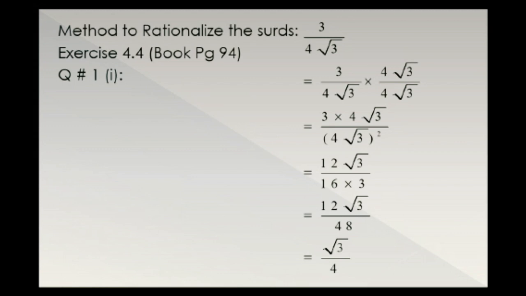You know it, so it will be just 3. Simplify by multiplying: 12 under root 3 divided by 48. 12 and 48 can be simplified. So under root 3 over 4 is the final answer.